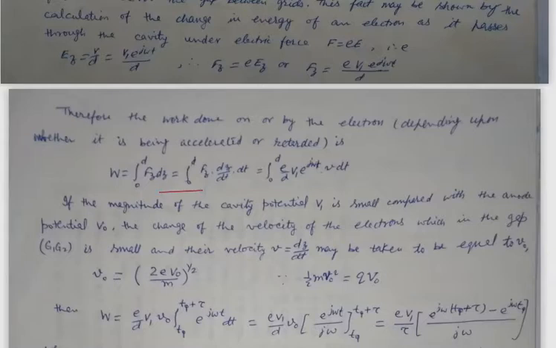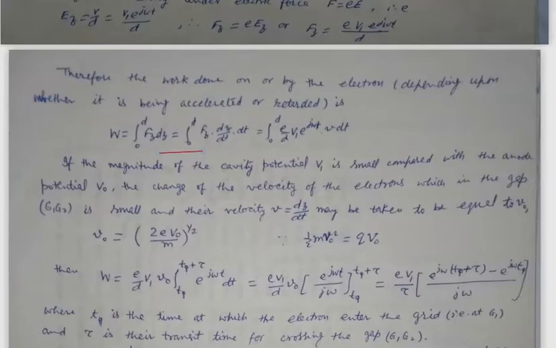The magnitude of the cavity potential V1 is small compared with the anode potential V0.